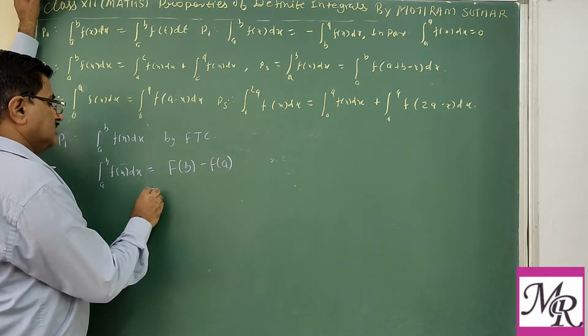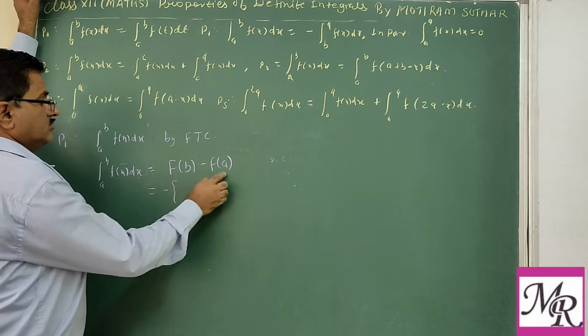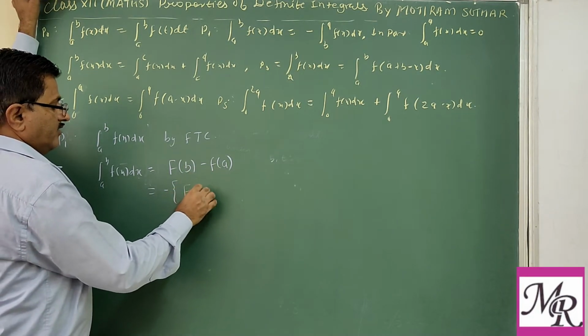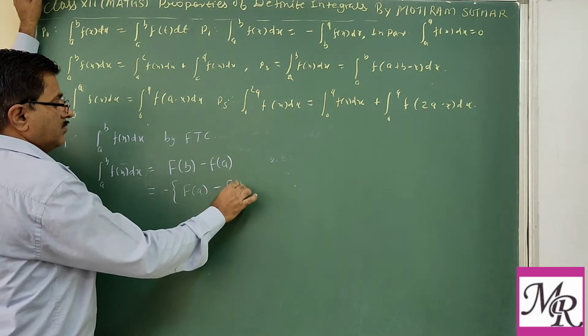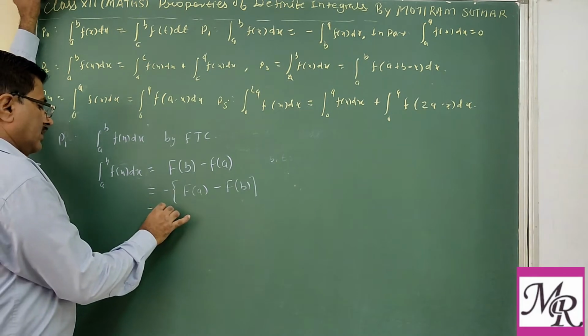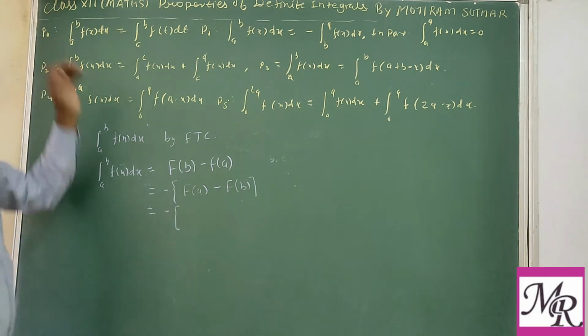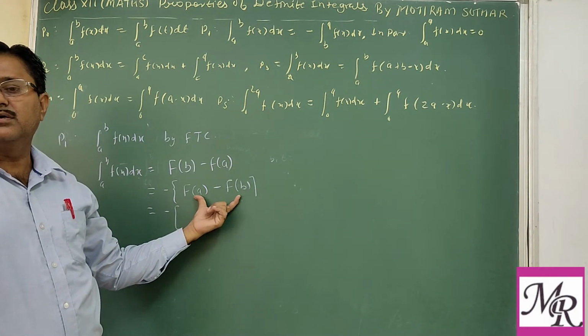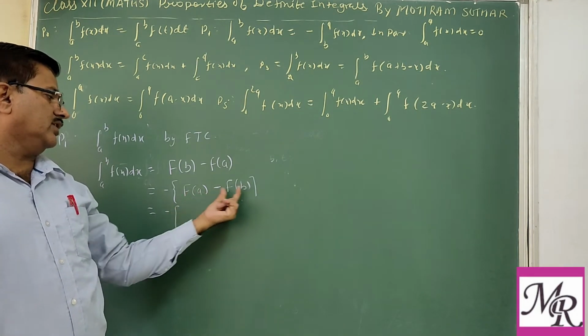Now if you take minus common here, then this is plus. So F(a) minus F(b). Now if you use this fundamental theorem in reverse order, here this is positive and this is negative.